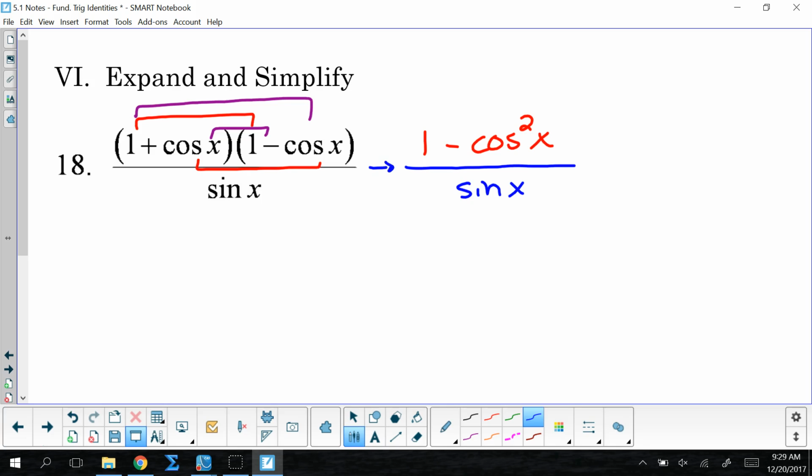One minus cosine squared of x is sine squared x.